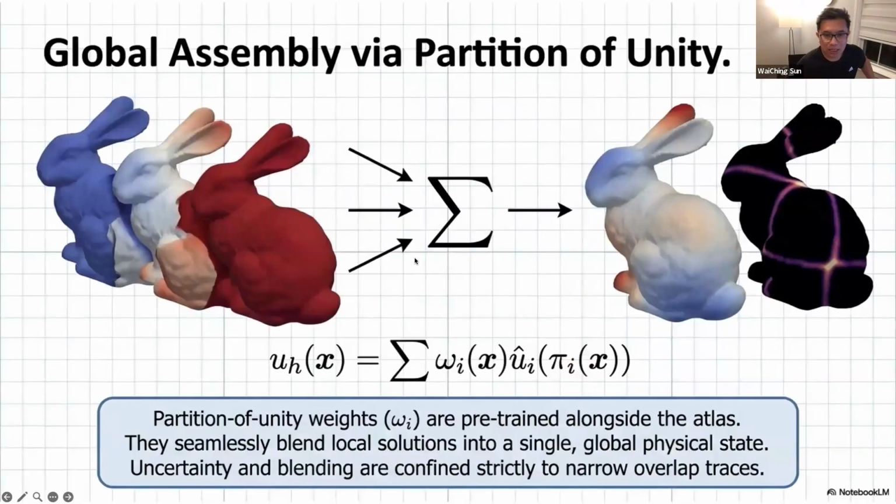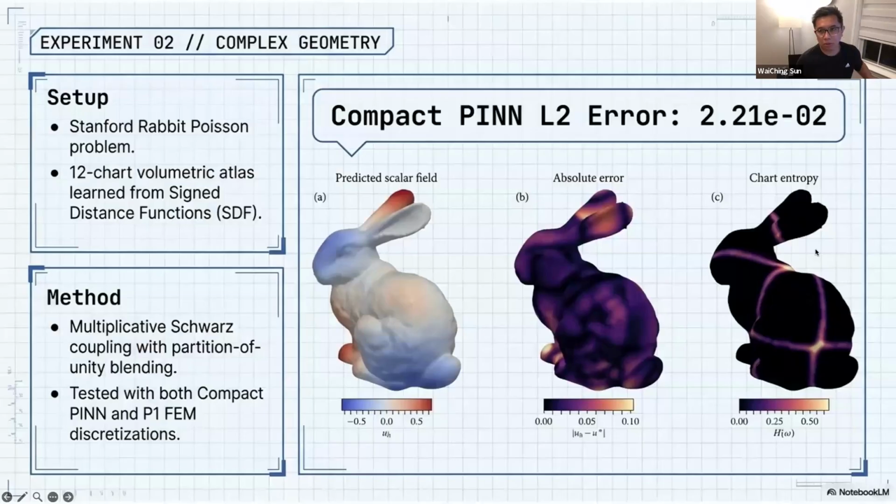In this particular case, we use a partition of unity to get back the global equation. So this is the partition values in the transition zone. And if you look at it, we can see the chart boundary, where the overlapping zones are in this case.